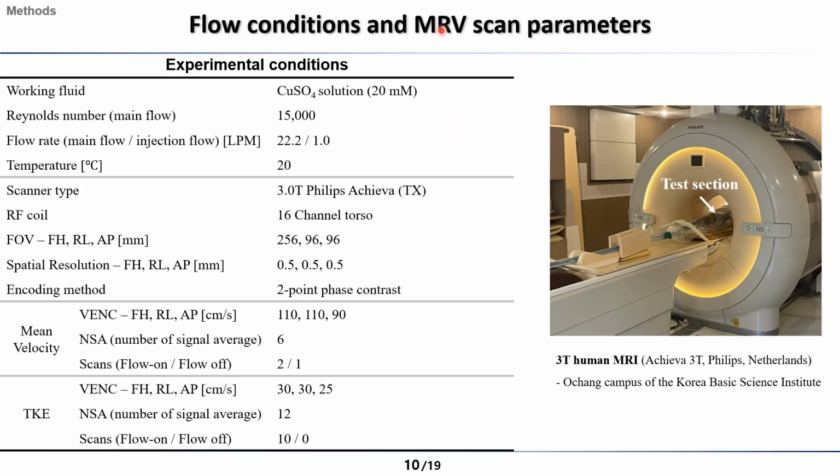Next, I will explain the flow conditions and MRV scan parameters. The working fluid used is copper sulfate aqueous solution. The main flow operates at a Reynolds number of 15,000 with a flow rate of 22.2 rpm, while the flow rate of injection flow is 1 rpm. The MRV experiments were conducted using the 3T human MRI at Korean Basic Science Institute Ochang campus.